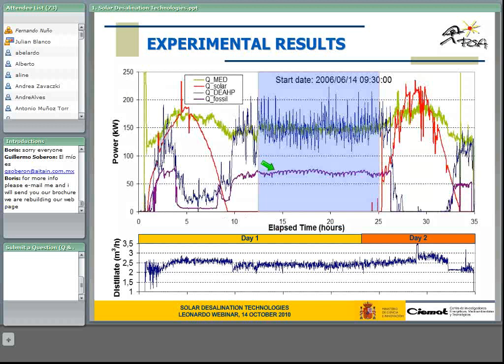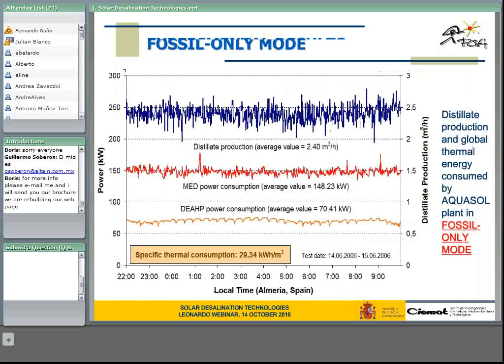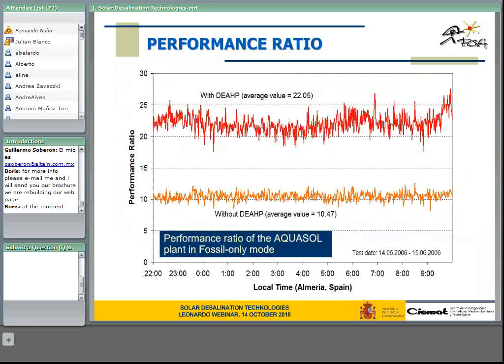The specific thermal consumption that we have in the MED plant was 29.34 kilowatt hour per cubic meter. So this means that we have a performance ratio of about 22.05. As far as I know, this is the highest value ever achieved in an MED plant.